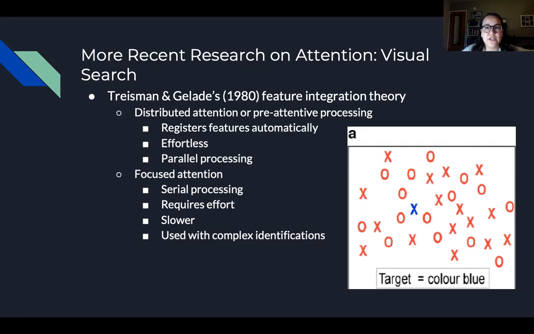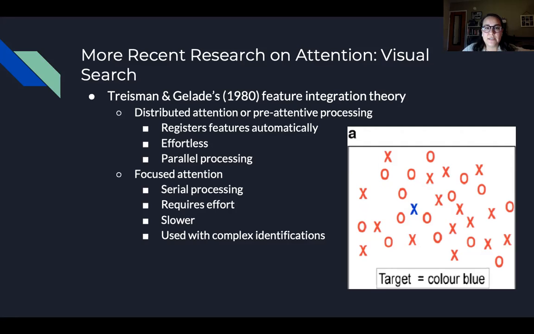So, just finishing up these other theories about attention and how it works. There was a theory by Treisman and Gelade called the feature integration theory. According to these researchers, we can use two different types of attention to process a scene: distributed attention or focused attention.